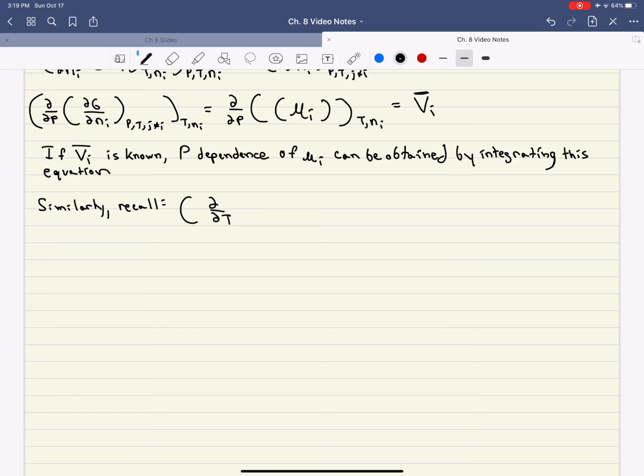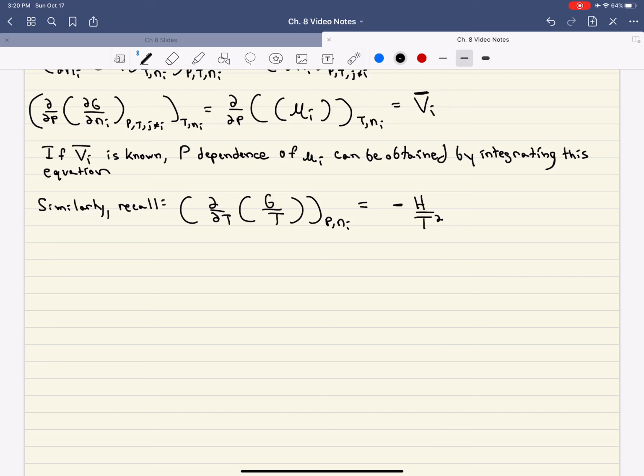From chapter 7, we saw this relationship for Gibbs energy: the derivative of G over T with respect to T is equal to negative H over T squared.